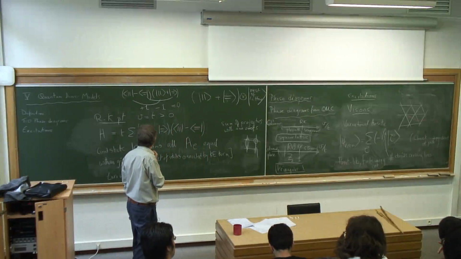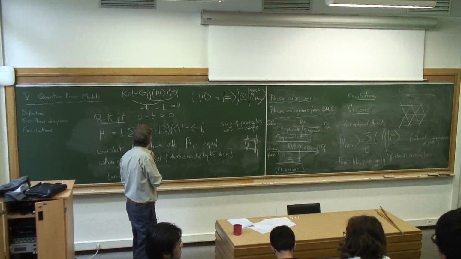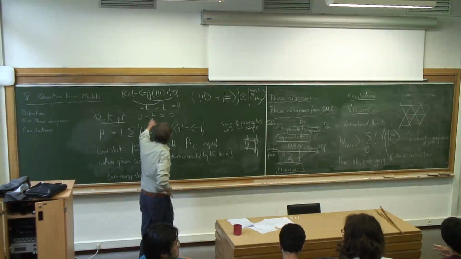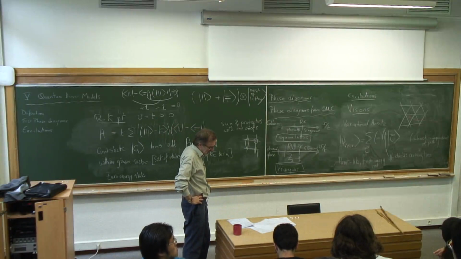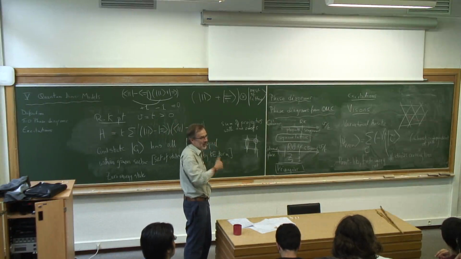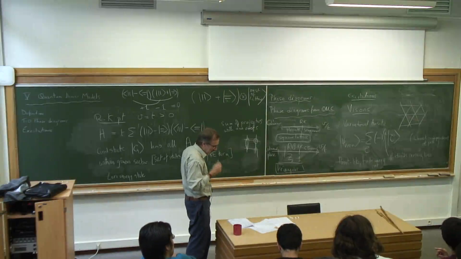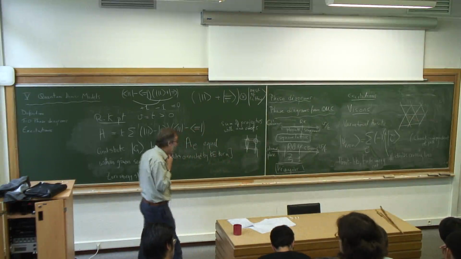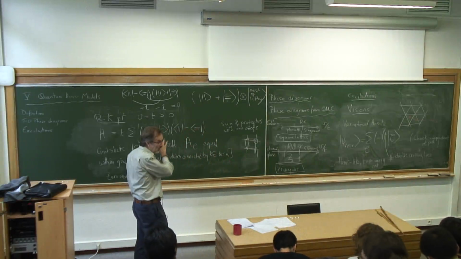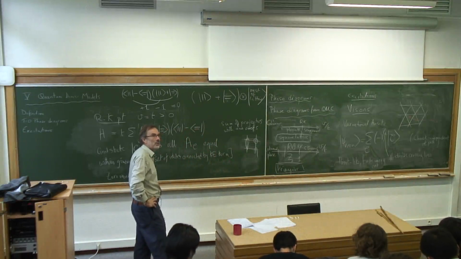I mean, with this positive sign, you know that the ground state wave function is nodeless in the sense that you have an equal sign for all of the coefficients. Probably you lose that if you flip the sign of the kinetic energy.